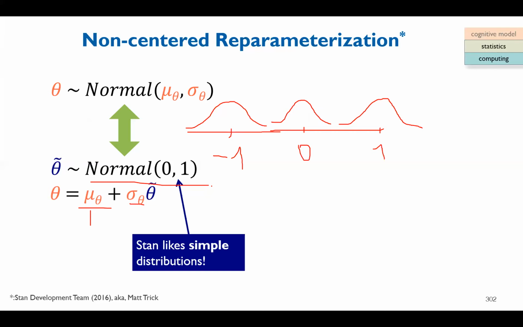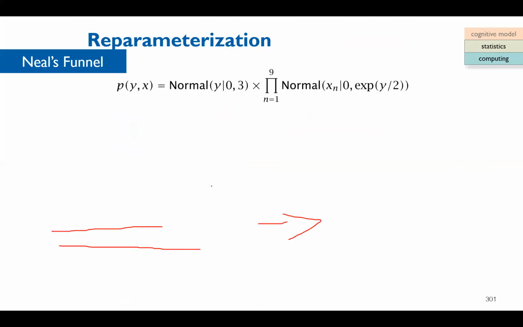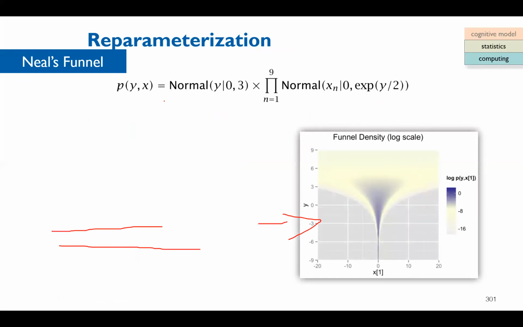There's a third question, just for clarification. We reparameterize just for better computational performance. Yes. So you will see there are two versions of the implementation of the Neal's funnel. One with the reparameterization, the other one without it.